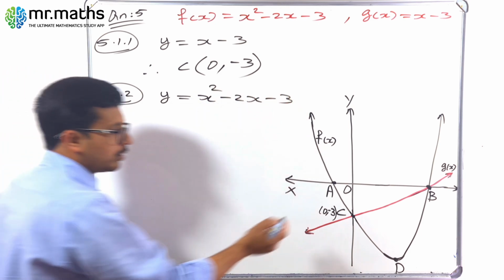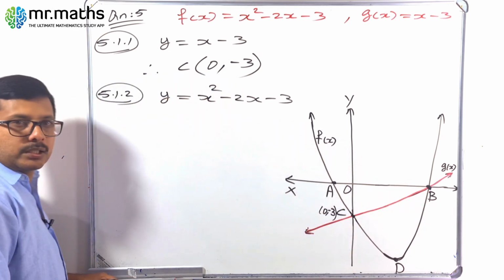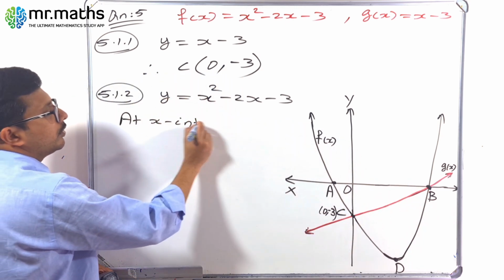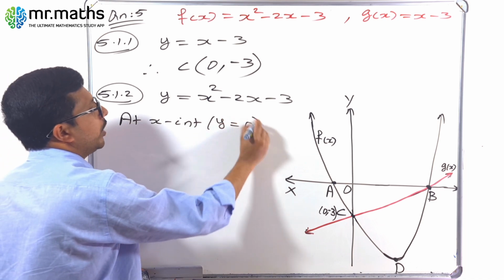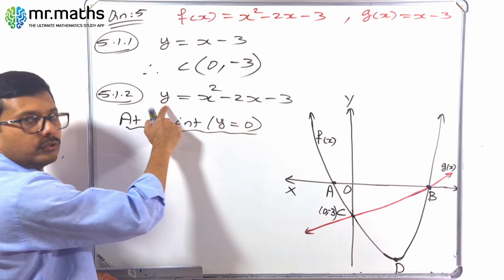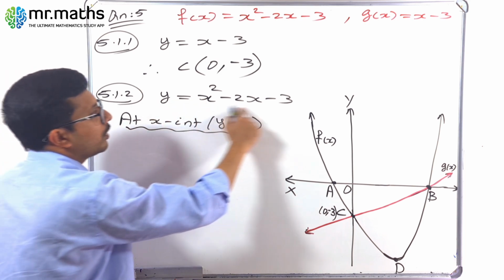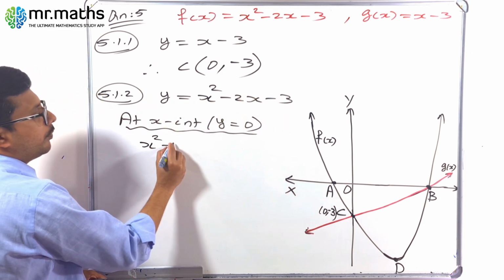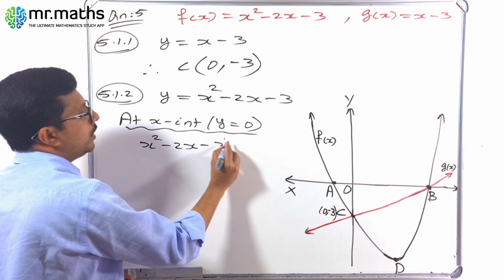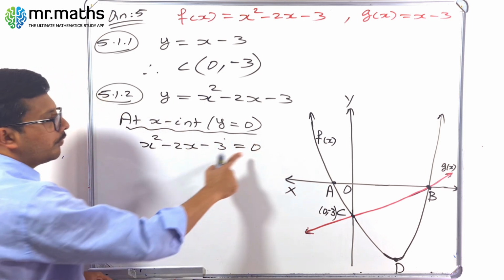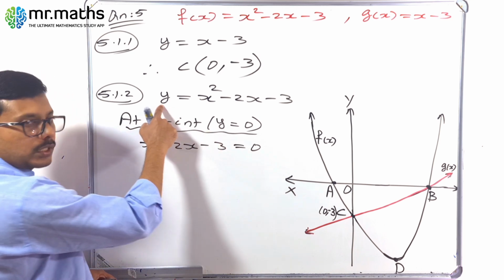Since points A and B are the x-intercepts, at an x-intercept, what is the y value? y is equal to 0. So we can substitute the value of y as 0. So x squared minus 2x minus 3 is equal to 0.